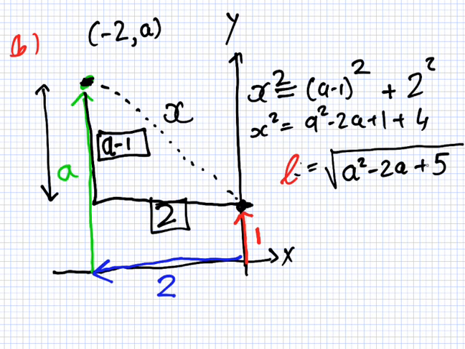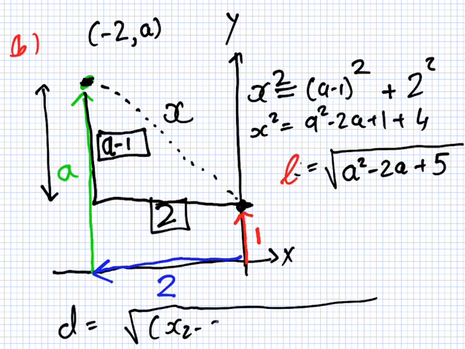What's the formula for length? If you wanted to use your formula for the distance between 2 points, the formula is square root of x2 minus x1 squared plus y2 minus y1 squared.